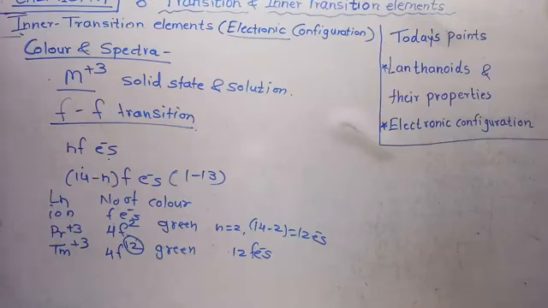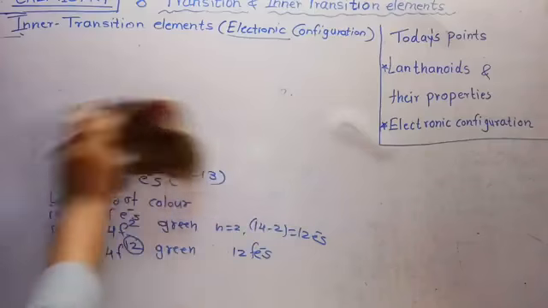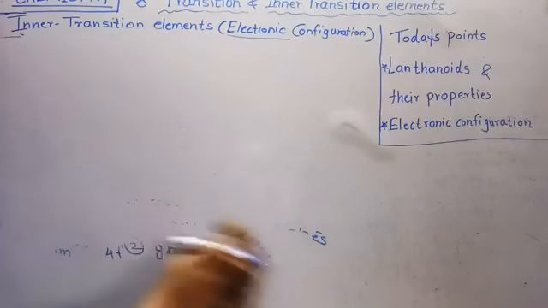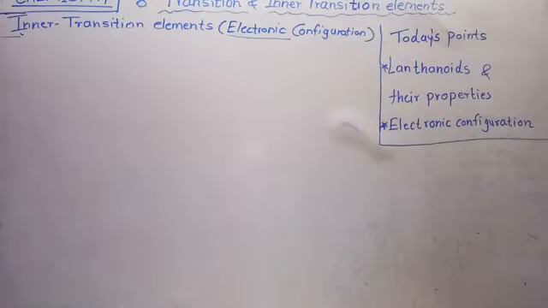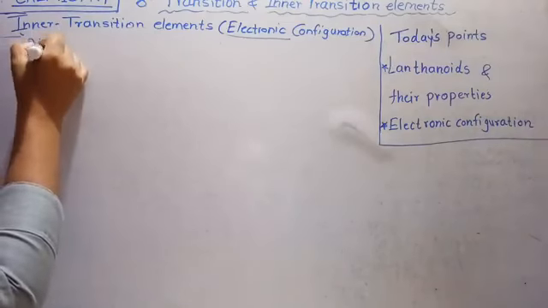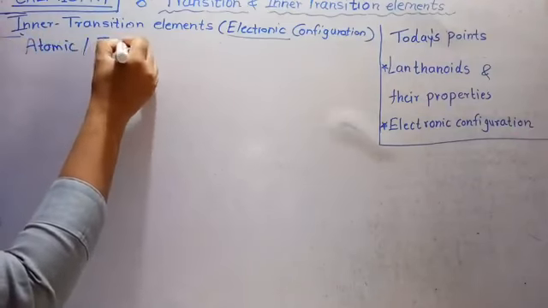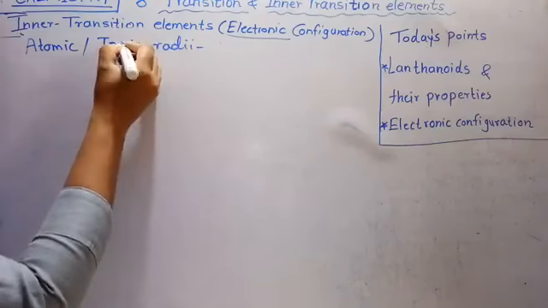Then after color and spectra, the next important property is atomic and ionic radii of lanthanoids. We have already studied this property.